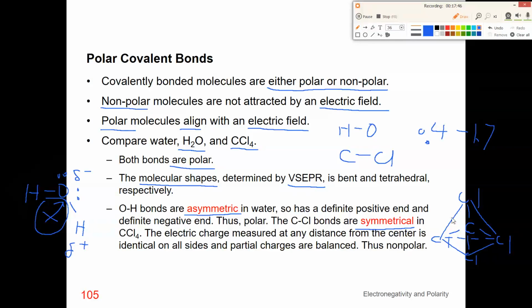So the geometry is symmetrical. Basically, the symmetrical structure balances out all those polar bonds, so the whole molecule is nonpolar. The whole molecule is nonpolar, although this carbon chlorine bond is polar. This bond is polar. However, because the geometry is symmetrical, the molecule becomes nonpolar.